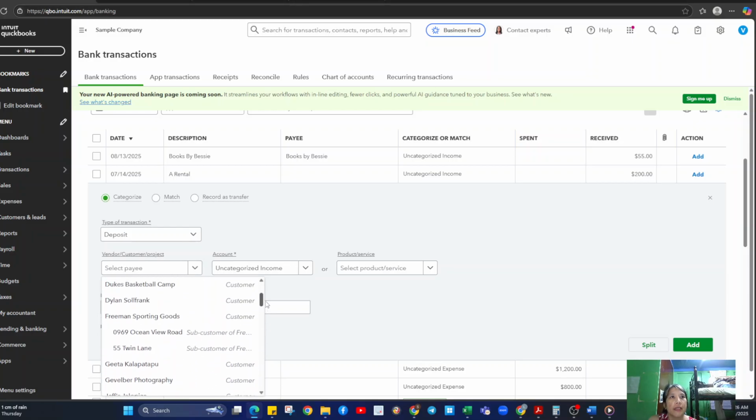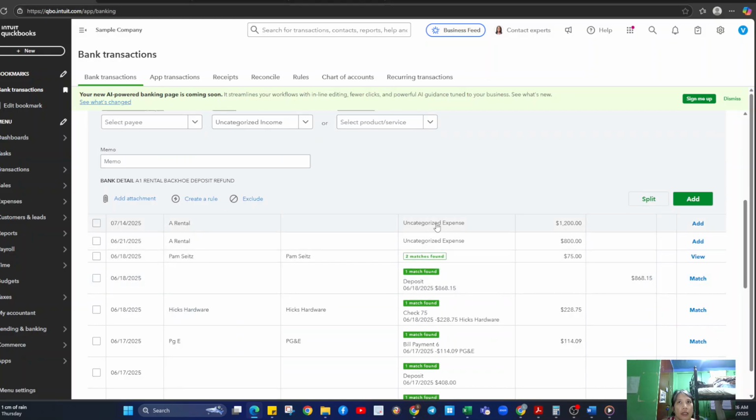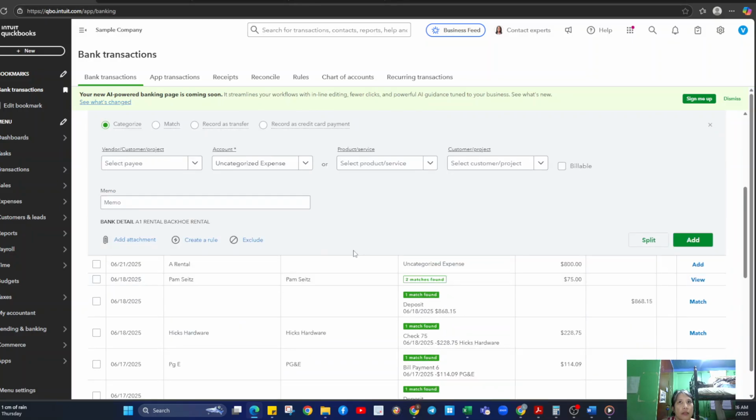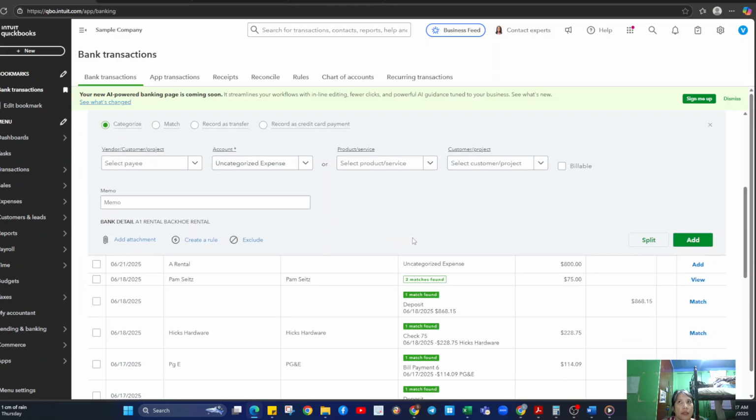So there's no rental, so we have to create one, and then we have to identify the nature. It says here A1 rental backhoe deposit refund. And let's see the other one, A1 rental backhoe rental. So this is other income.